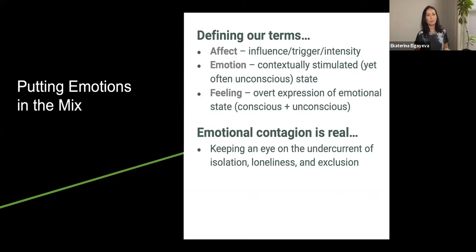So be very mindful of some of that undercurrent that you might be experiencing, right? You might be experiencing it from hearing from certain students or just picking up a vibe, getting the sense of that energy, that there might be isolation, a level of loneliness, and maybe exclusion. So how can you, as that presence in the room, be the person to facilitate that level of inclusivity?